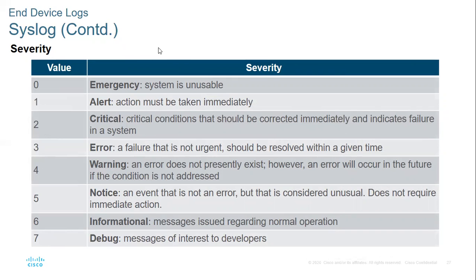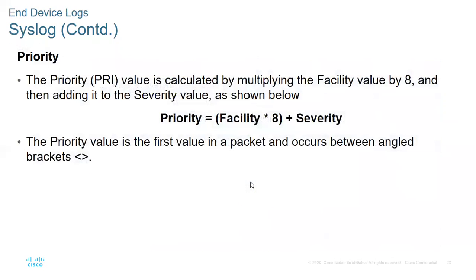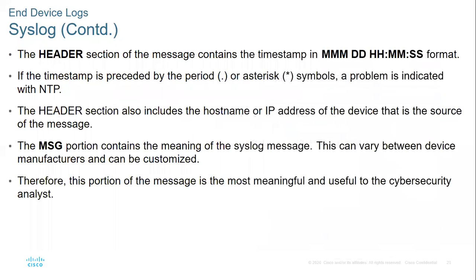So you see, it is in these logs that you can know that someone is about to hack your institution. So priority has the formula, where we need to multiply the facility by 8, and then add the severity.